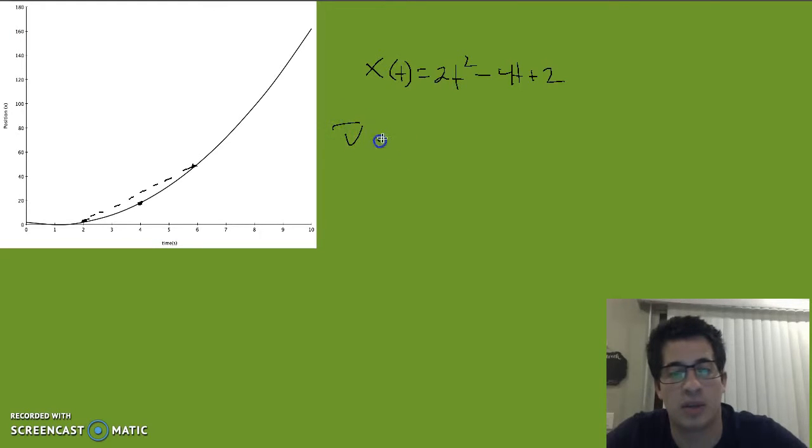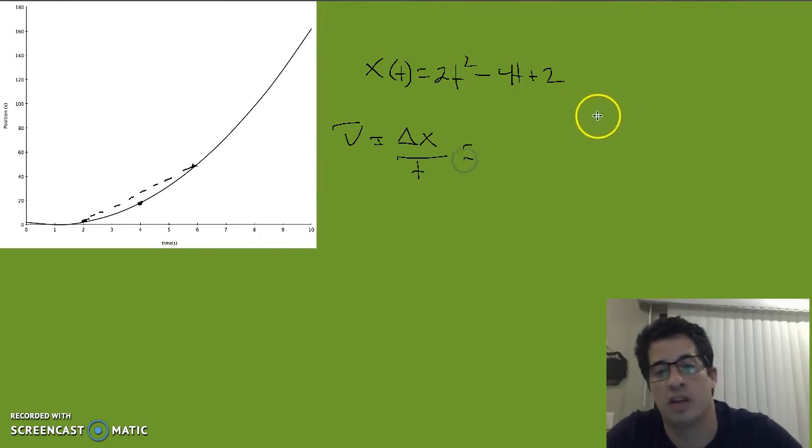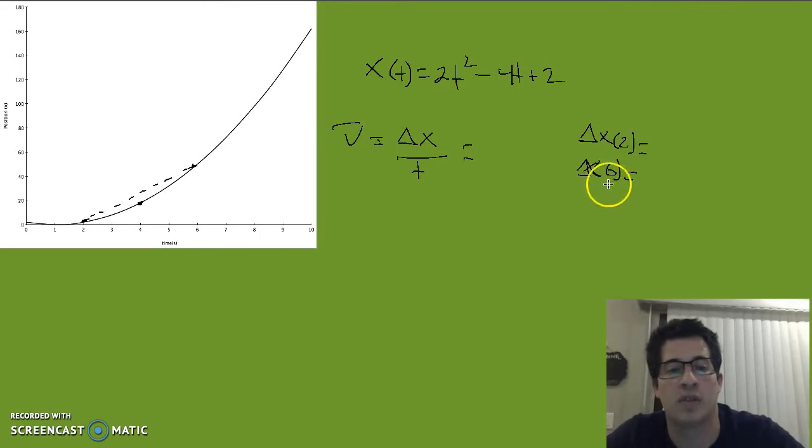Average velocity is the displacement divided by the time, so we need to find the position at 2 seconds and at 6 seconds so we can subtract them.